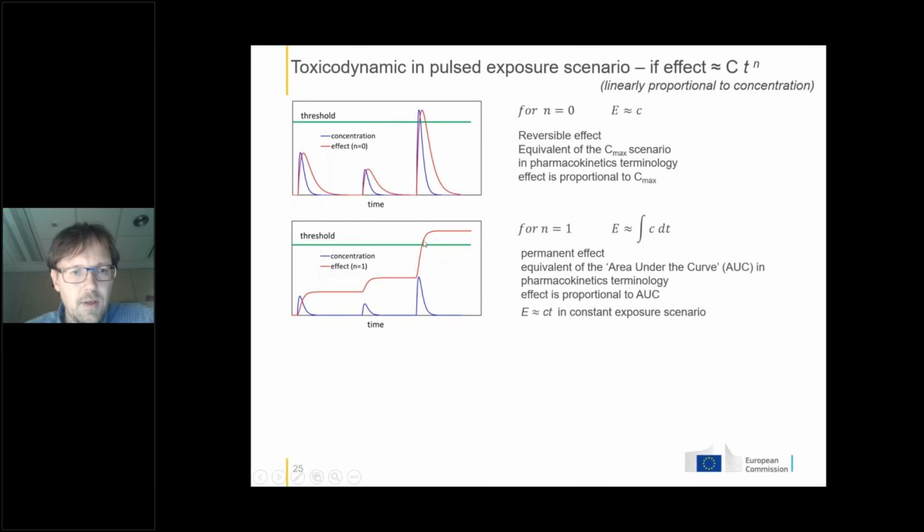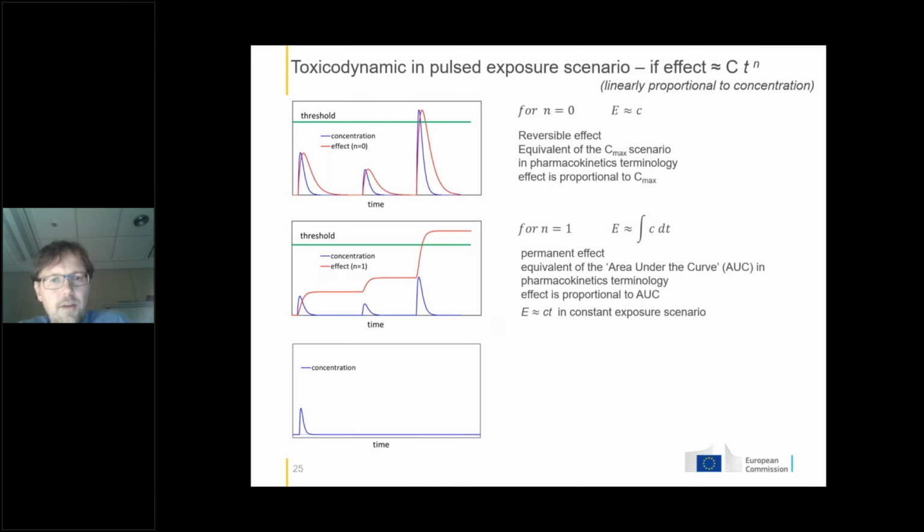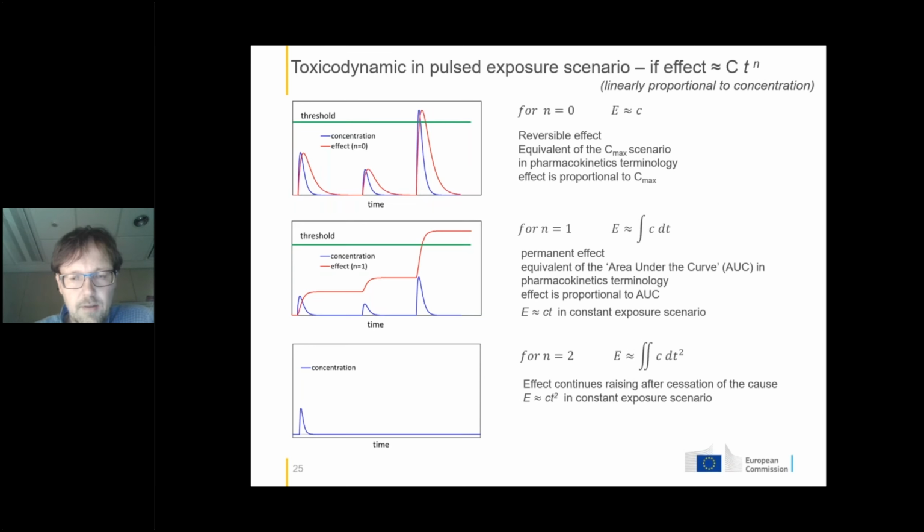So here the effect is given by the AUC, so the area under the curve. And the third scenario, for n equals 2. So first imagine you have the first pulse of the chemical, and you make the second integral of the concentration over time.